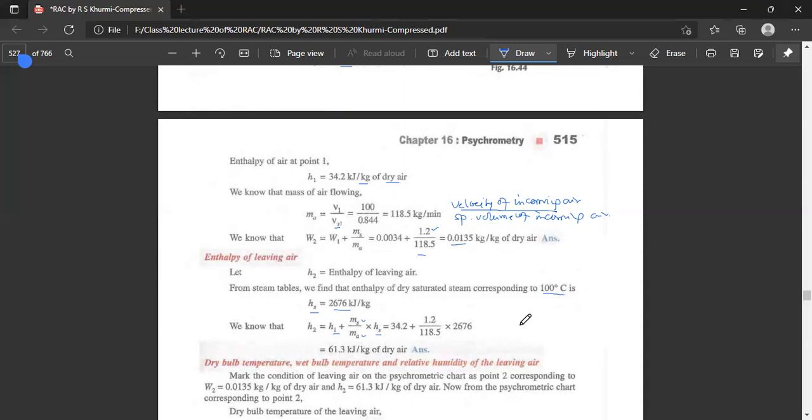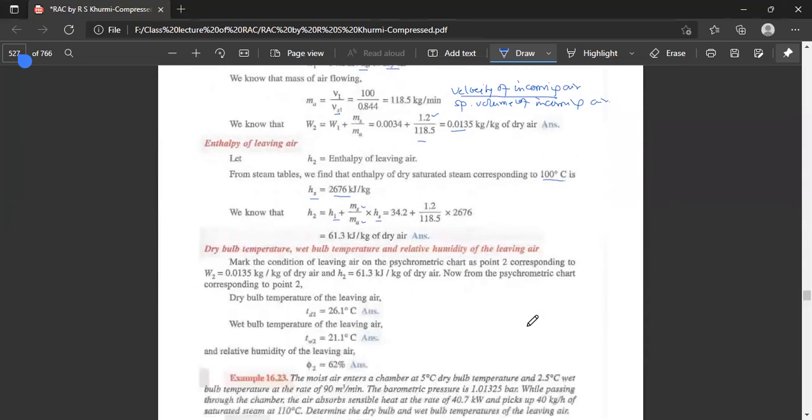Next, we have to find out the dry bulb and wet bulb temperature and the relative humidity of the leaving air. Now, mark the condition on the psychrometric chart as point 2. As per W2, we plot on the chart at W2 and we know H2. For H2, we can drop a vertical here and we can drop a horizontal line from W2.